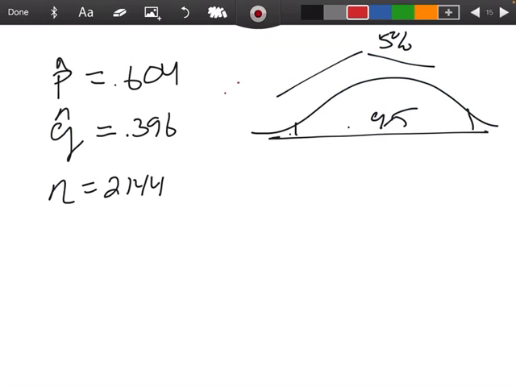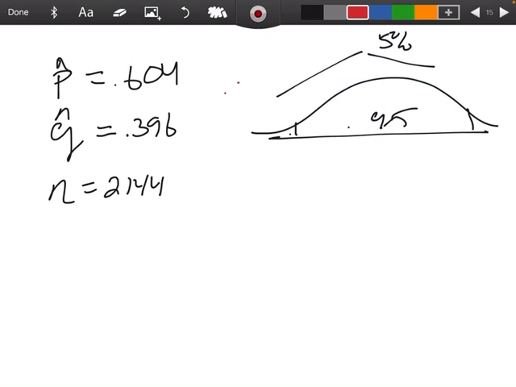Let's do this part on the calculator. 1.96 times the square root of 0.604 times 0.396 divided by 2144. Now we can hit enter. I'm going to go to 3 decimal places, 0.021.